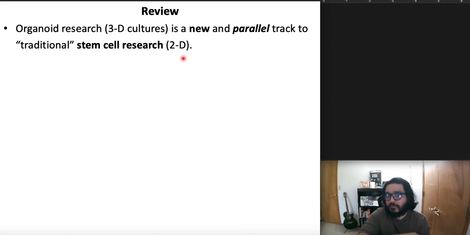So it's not going to replace the traditional two-dimensional uses of stem cells. As we've seen, most of the papers we've read so far all use 2D, and there's no reason to not use 2D for the question they're asking. But this is an interesting new track that's parallel to the traditional research. So this is not going to replace 2D research, but it is a new track.